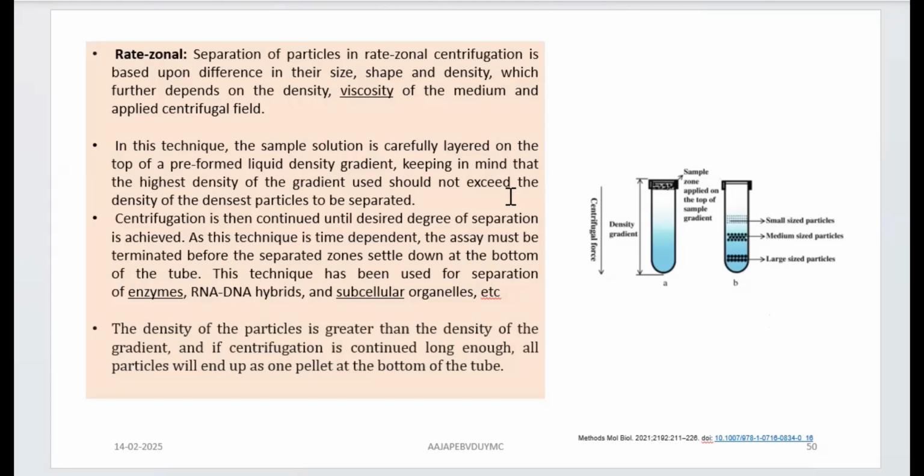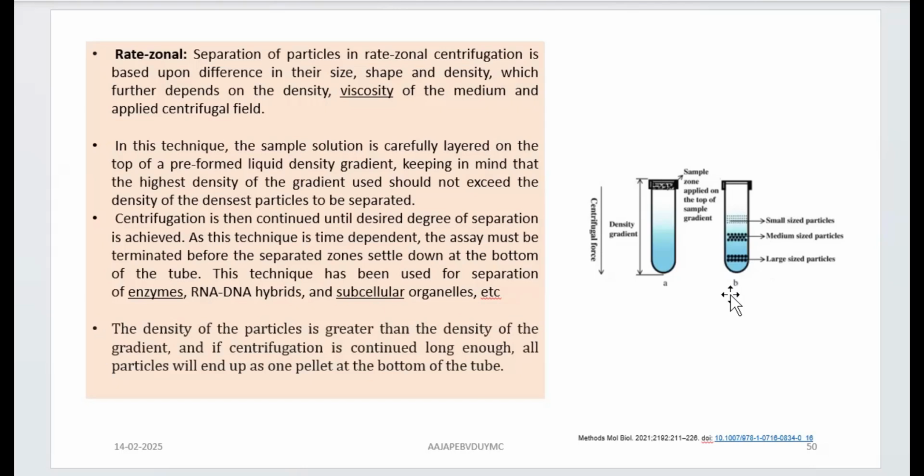Now, if the density of the particle is greater than the density of the gradient, and centrifugation is continued, what will happen? If you continue the centrifugation, all the particles will end up settling at the bottom of the tube.